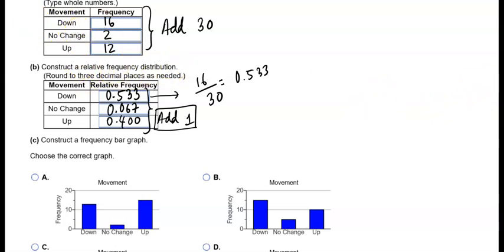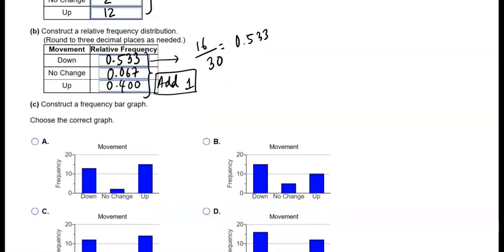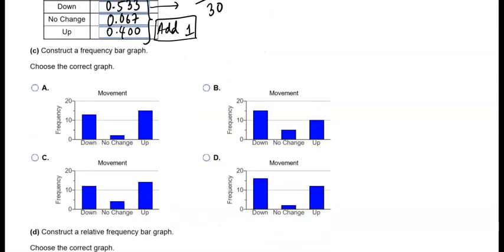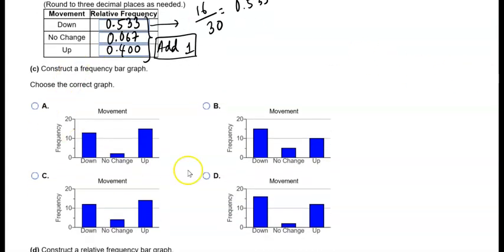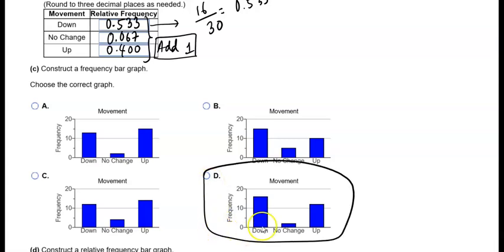Now let's graph this frequency distribution on the bar graph. So if you see, out of 4 choices, the correct bar graph for this frequency distribution is D. Obviously you can see that for down the frequency is 16, for no change the frequency is 2, and for up the frequency is 12.